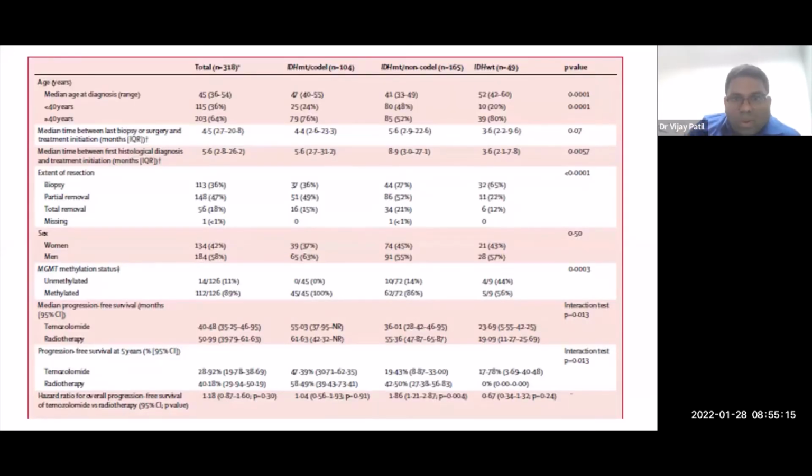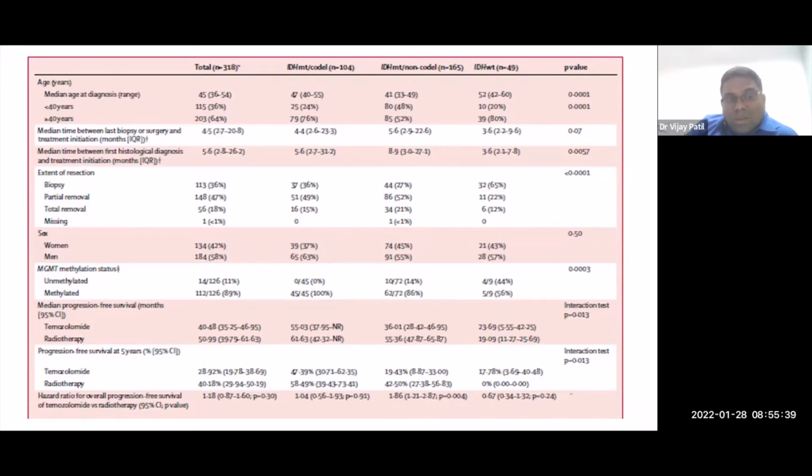If you look across most of these situations, this was a mixed bag. Total removal of the tumor was done in only 12% of the patients, so most of these patients had biopsy or partial removal. In today's world, according to RTOG, most of this would be classified as high risk disease.